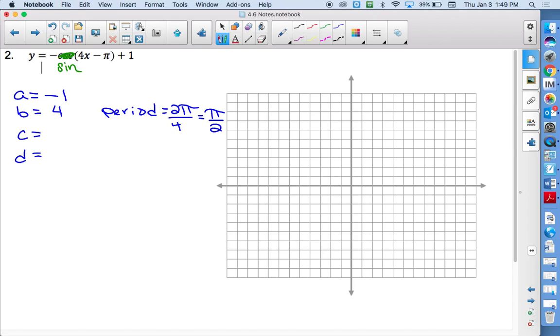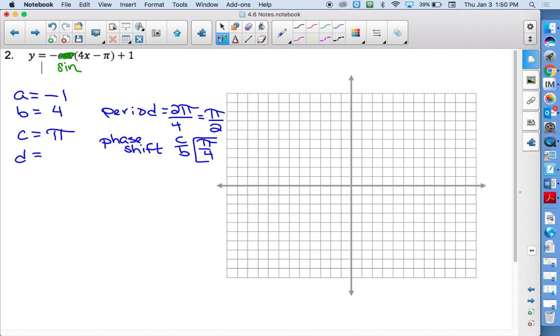Chelsea? Pi, yeah, so C is pi. Even though there's a negative, it's really moving to the right by pi. So C is pi. That helps us find the phase shift, which is still C over B. So that means the phase shift is pi over 4.